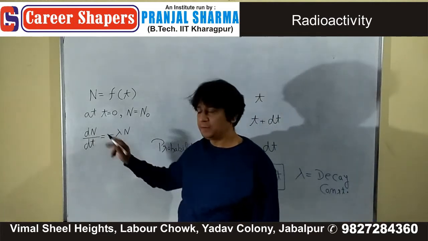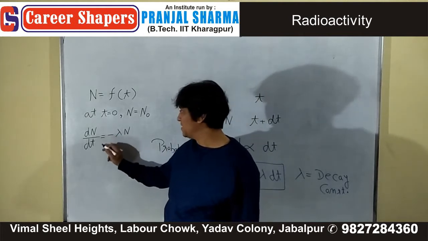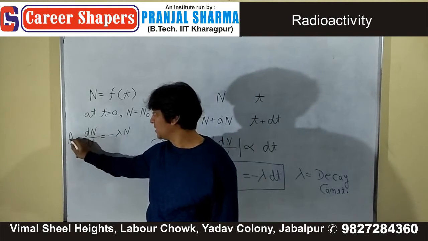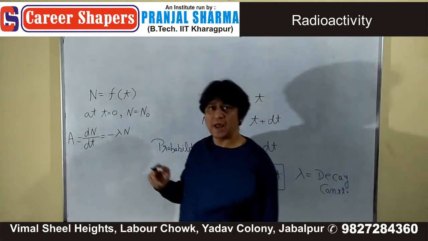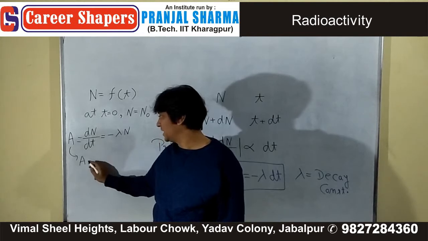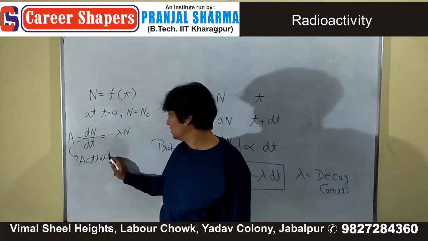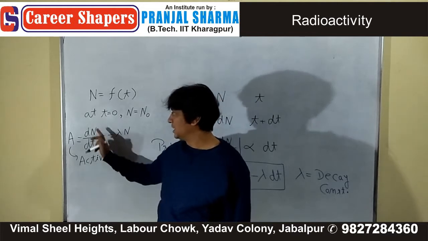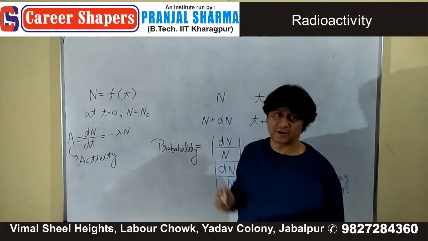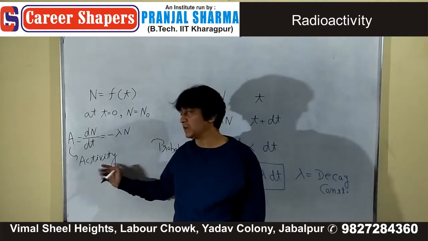Although we are not interested right now, you can remember that this dN upon dt is called A. A stands for activity of the radioactive sample. dN upon dt, the rate of disintegration of active nuclides at time t, is called activity.